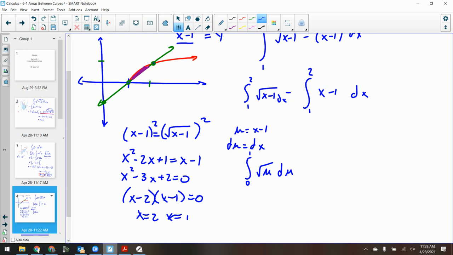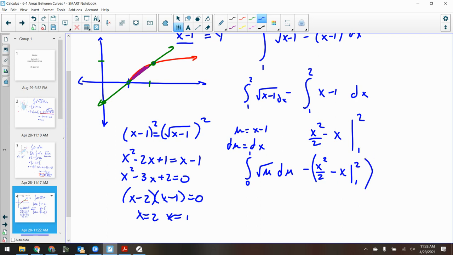Let's do, this just turns into x squared over 2 minus x from 1 to 2. So let's keep that in there. X squared over 2 minus x from 1 to 2.